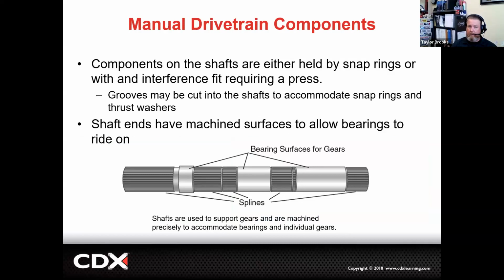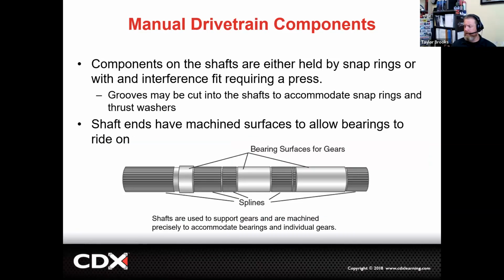And oftentimes we're going to have snap rings that are going to retain these components. Now the snap rings can be there as a stop or as a final resting spot, and they're being interference fit. So when we go into the shop and start rebuilding these transmissions, we are going to be doing so with the shop press and pressing stuff apart.